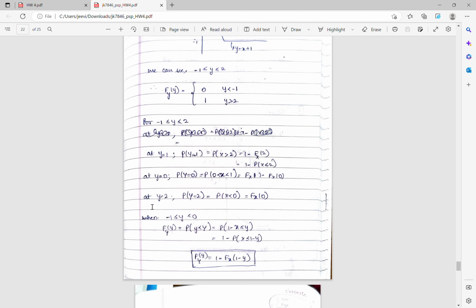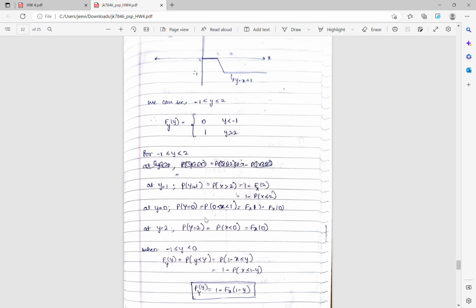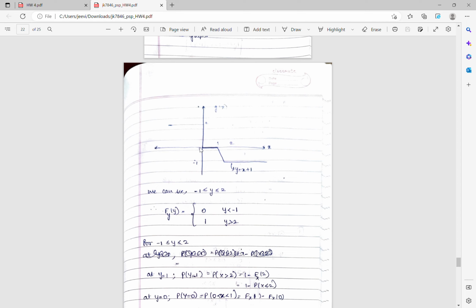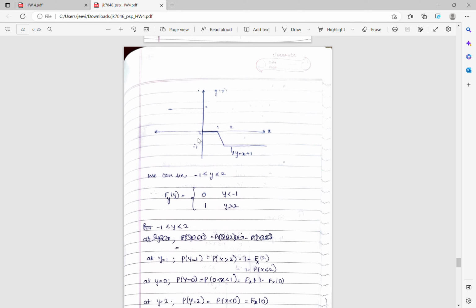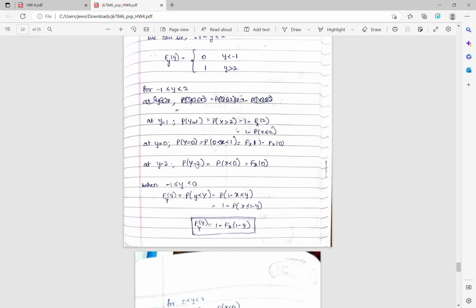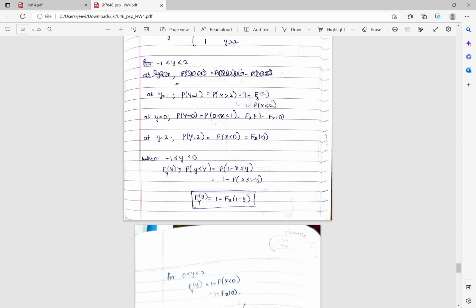Now, when y lies between minus 1 and 0, which is this part, the cumulative distribution function will be equal to the probability of Y less than y, which is equal to the probability of 1 minus X less than or equal to y, which is equal to the probability of X less than 1 minus y.